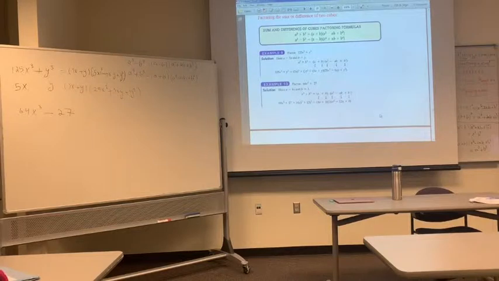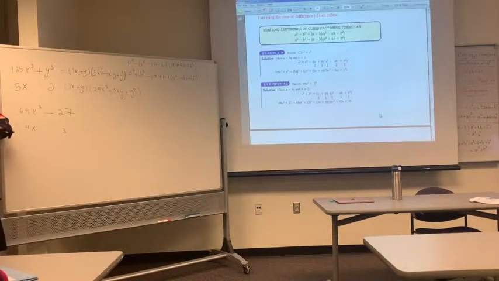What was that? 4, correct? 4 multiplied by 4 multiplied by 4 is 64, correct? It's not 8, that's squared. Cube. That's cube. Oh, yes. 27 was 3. 3 multiplied by 3 multiplied by 3 is 27.